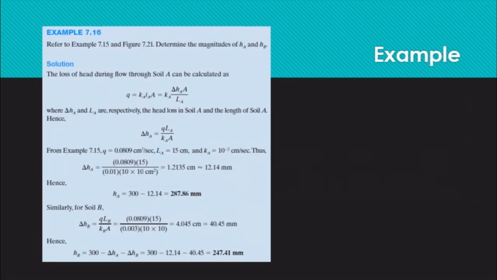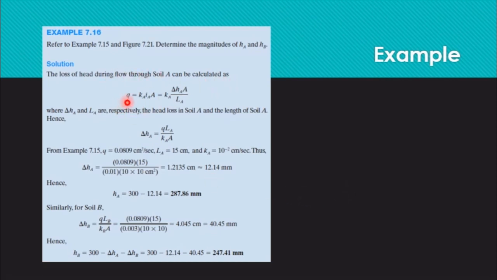So, refer to example 7.15 and figure 7.21. Determine the magnitudes of H_A and H_B. So, pinapakuha naman ngayon ay yung piezometric head sa point A at sa point B. So, yung nakita natin piezometer kanina. So, the loss of head during the flow through soil A can be calculated as, yan, so, yun din, apply din natin yung KiA.